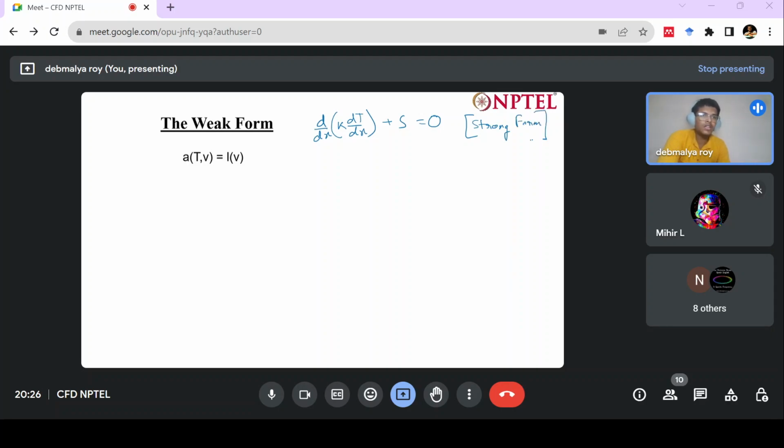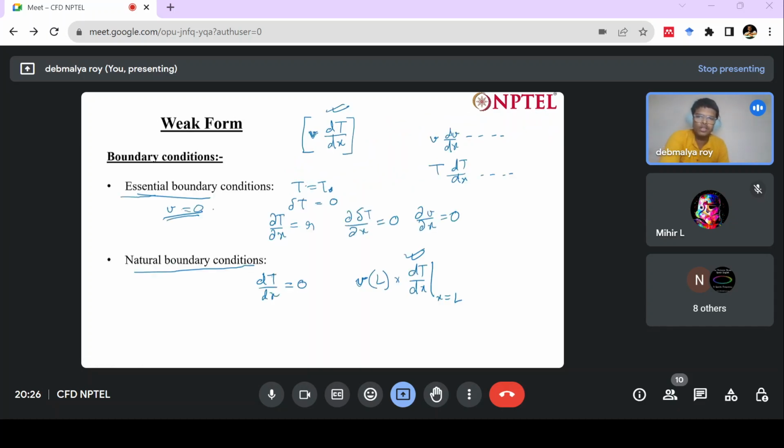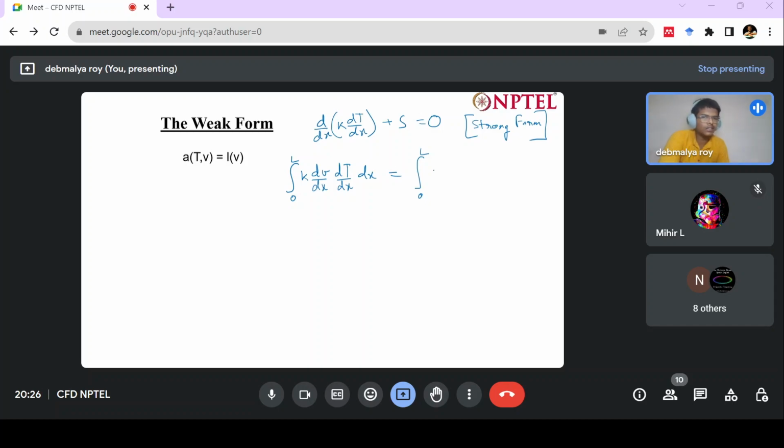Then we did some variational calculus, and we arrived at an integral equation which looks like this: d dx dt dx is equal to the integration from 0 to L. I have assumed all of them to be essential boundary conditions and neglected those terms.